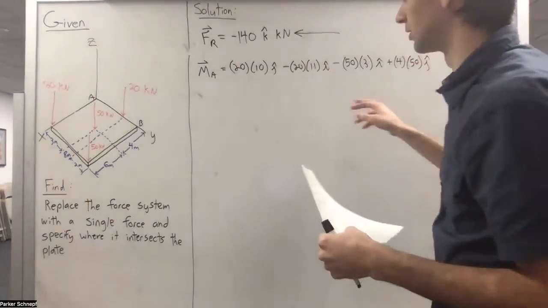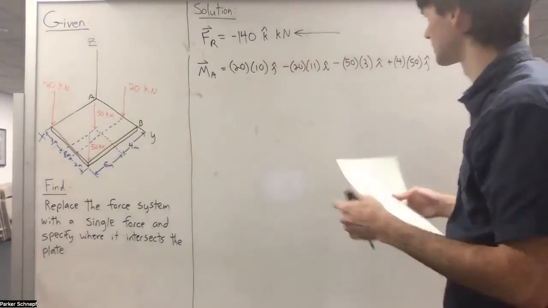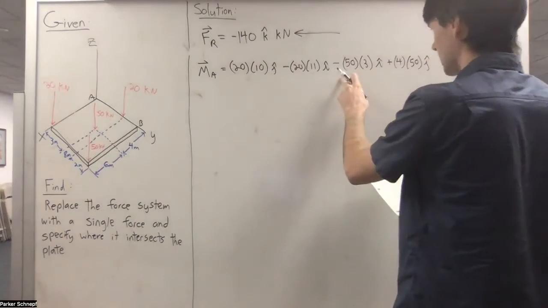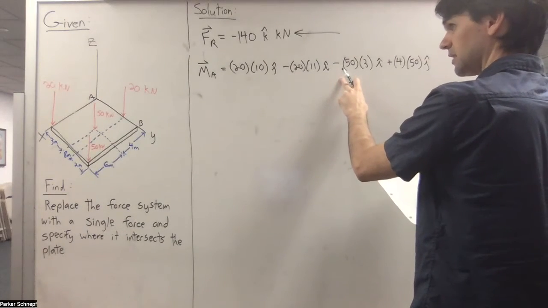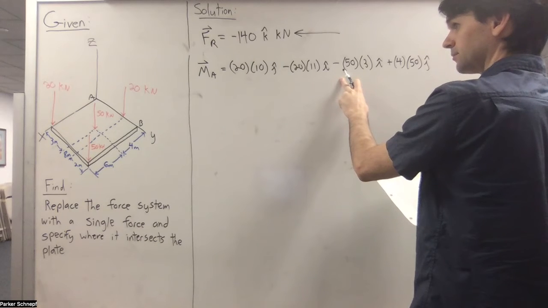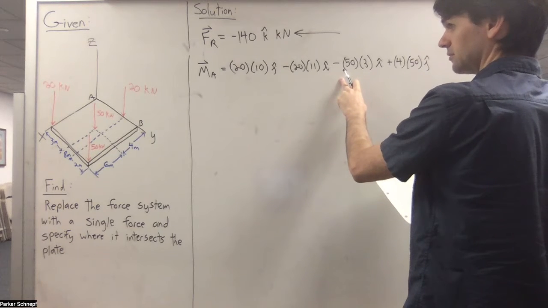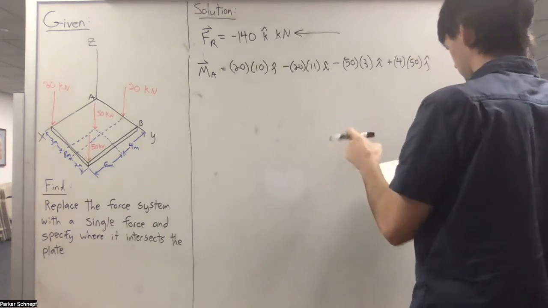It's going to look really similar to this one. It's just that the distances are slightly bigger. We can tell right away it's going to be negative about the x-axis, positive about the y-axis.